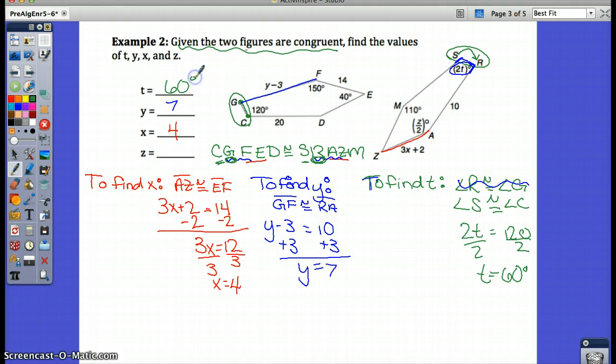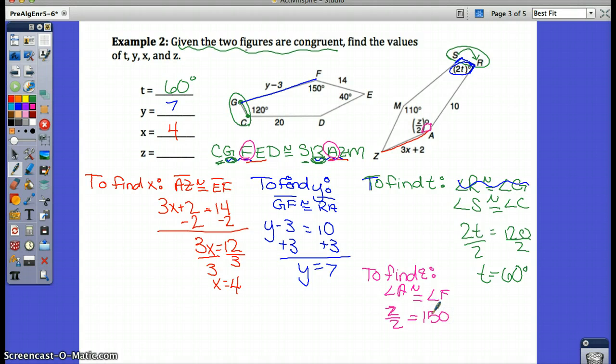And the last one, angle, letter Z. So Z can be found in angle A. To find Z, I know angle A is congruent to the middle letter, angle F. So I can say that Z over 2 is equal to 150.